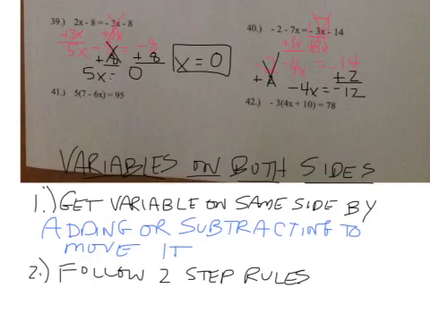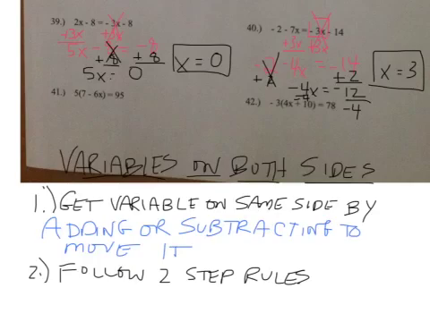Now we're going to get rid of that negative 4 by dividing by negative 4. Many times kids will add 4. That's not negative 4 and an x. That's negative 4 times x. To get rid of times, we must divide. So now we're left with x equals positive 3 because the two negatives will cancel. Negative 12 divided by negative 4 is a positive 3.